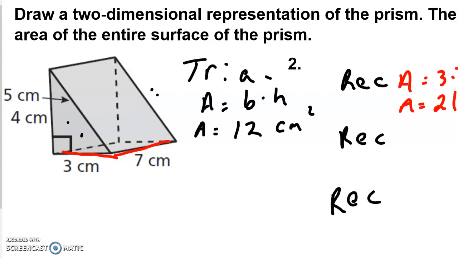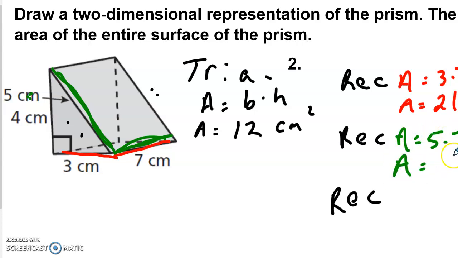All right, next one, I have one over here. So that's a rectangle. And this 5 right here, that's my diagonal height, so length and width. So the second one is going to be 5 by 7. So that means my second rectangle is 35 centimeters squared.